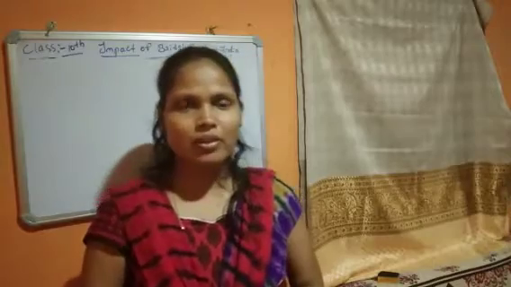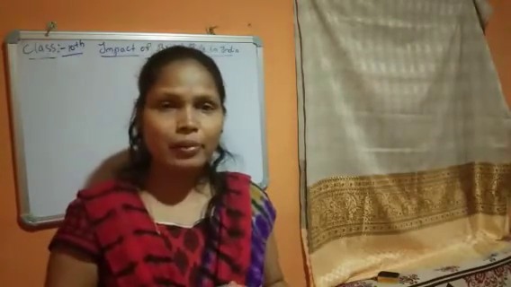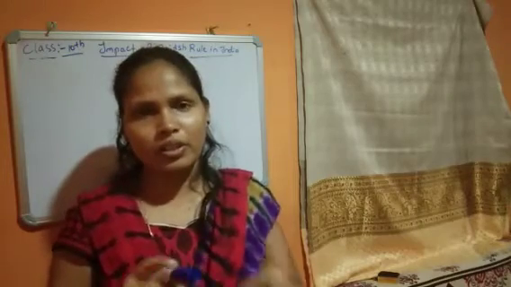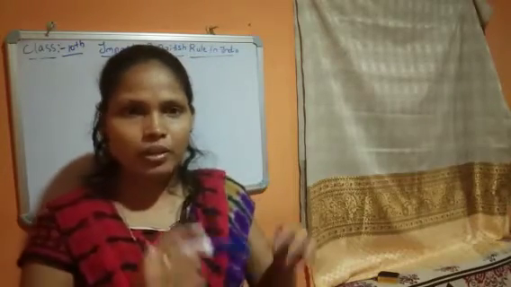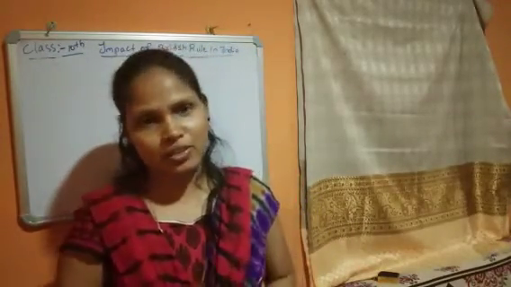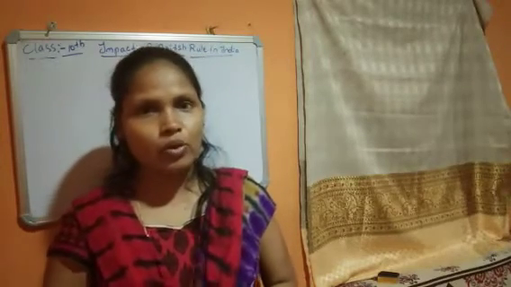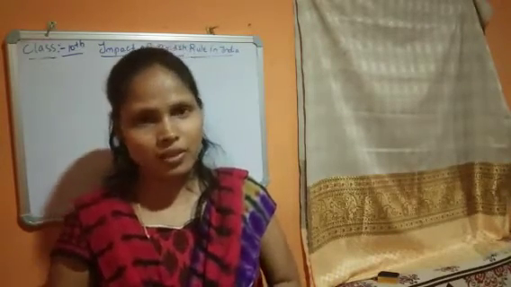Today's class we will learn about various land tax policies implemented by the British in India. The British implemented various reforms in the land tax system to support the flow of regular income to the East India Company's treasury.